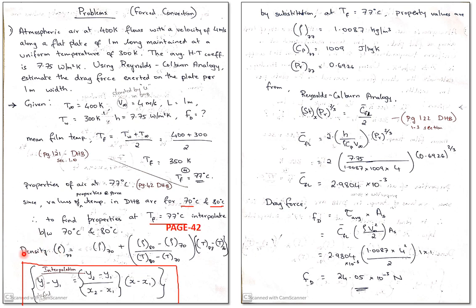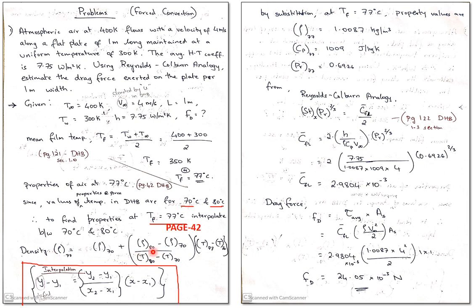So this formula, that is density at 77 degrees Celsius equals density at 70 plus density at 80 minus density at 70, divided by temperature at 80 minus temperature at 70, into T77 minus T70. This is the usual formula you have to use to find the values with respect to density.